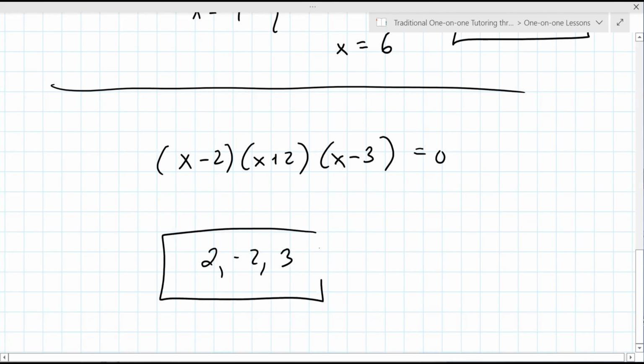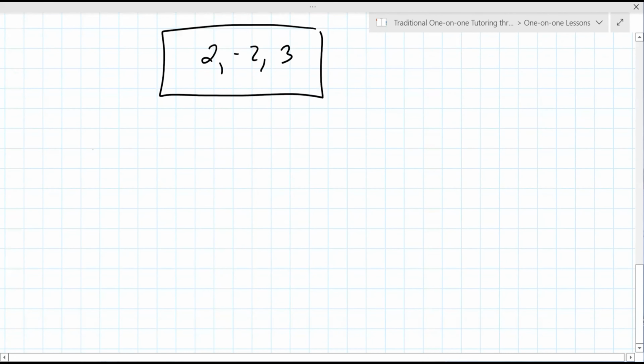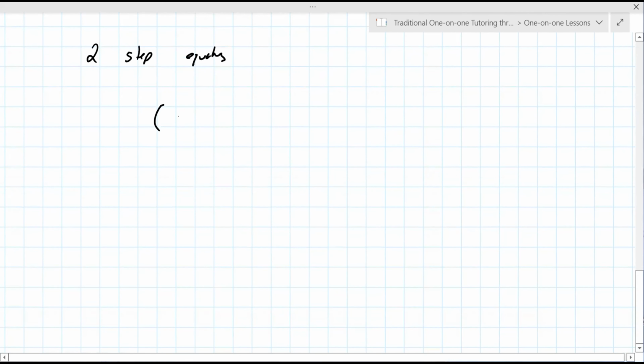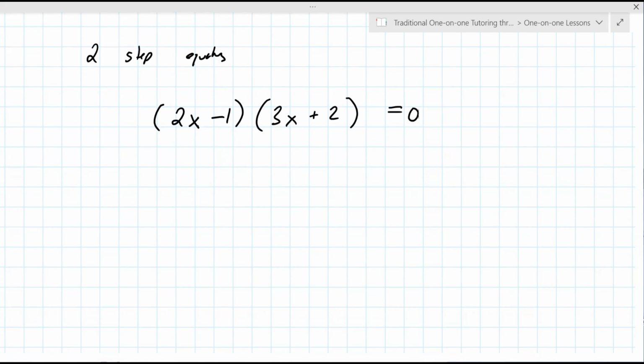Okay. So now we're going to move on to what are called two-step equations. I think we covered these in a previous lesson. So sometimes the factors you get could be something like this, like 2x minus 1 times 3x plus 2 equals 0. So you set each of these equal to 0.